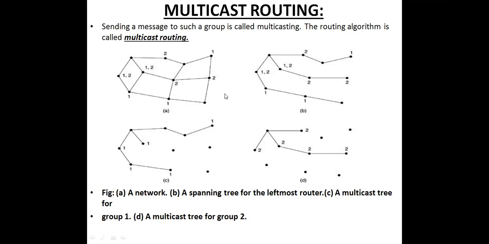From this network, you need to draw the sink tree or a spanning tree without loops. After that, if we observe, there are two categories of nodes, 1 and 2. Whenever you want to send a message to group one, that message is sent to only that group. Whenever you want to send a message to the second group, that message is received only by group two, not group one. That is called multicasting.